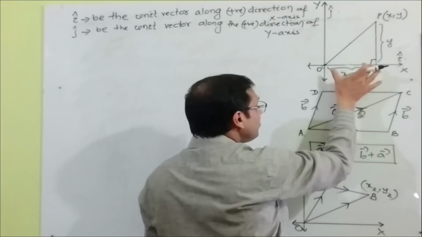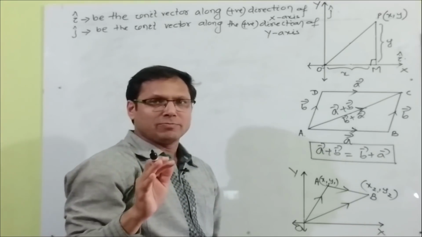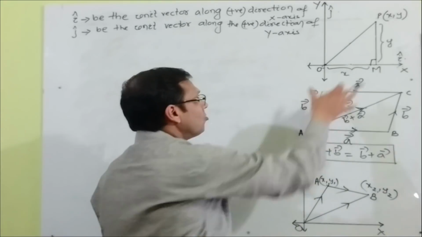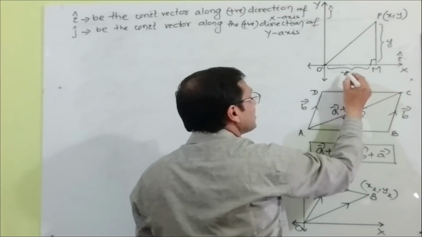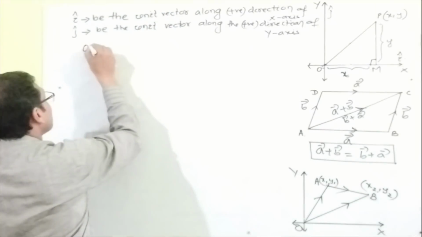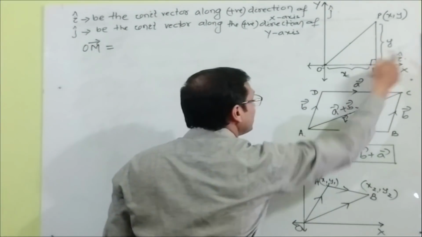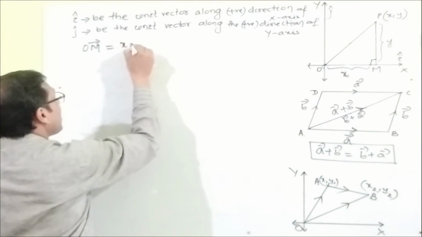Then any vector on the x-axis can be expressed as a scalar multiple of i cap. Since OM is on the x-axis and has magnitude x, OM vector can be expressed as x i cap.